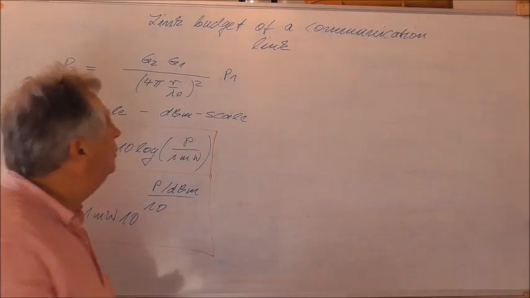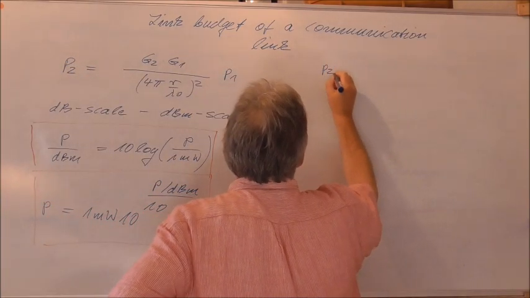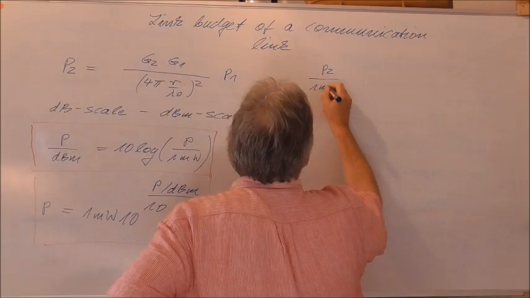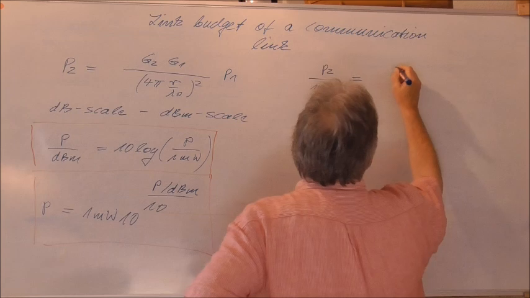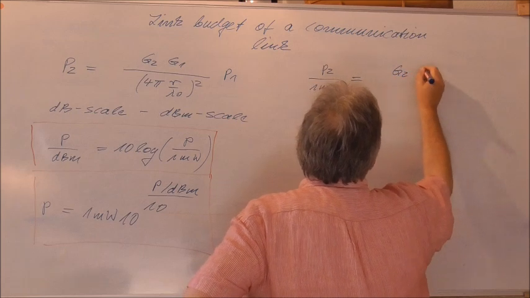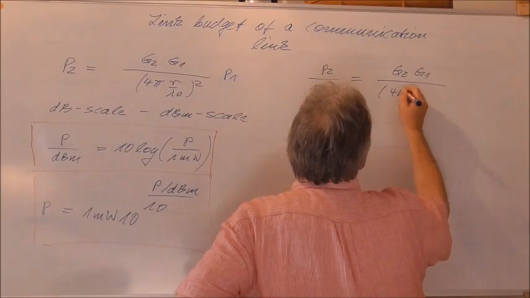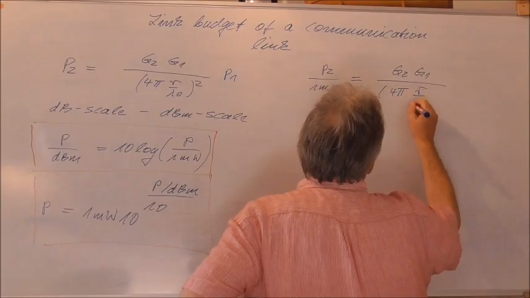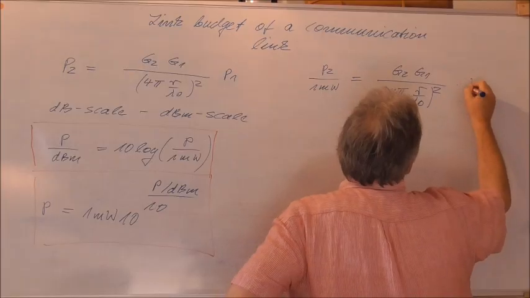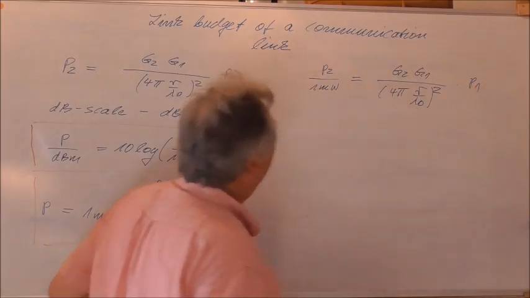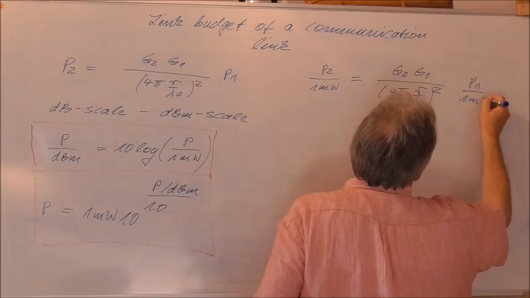This we will apply to our equation here, so we can say this is P2. We will write with reference to 1 milliwatt, it's given as G2 times G1 divided by (4 pi r over lambda naught) squared, times P1. And of course here I must divide by 1 milliwatt.